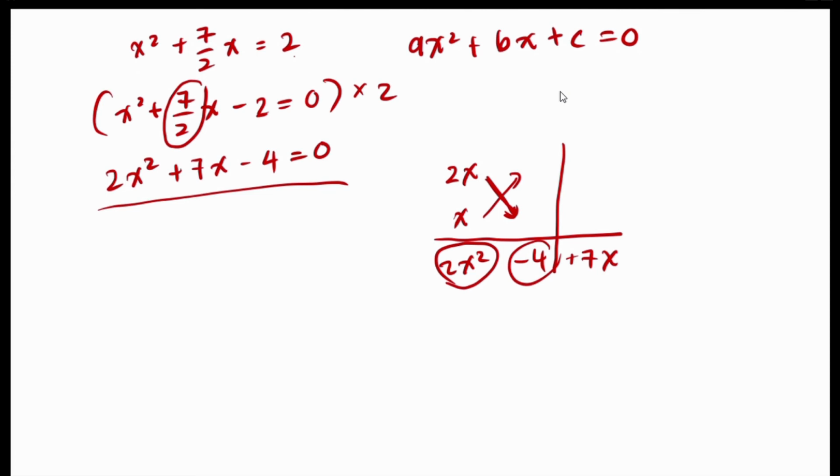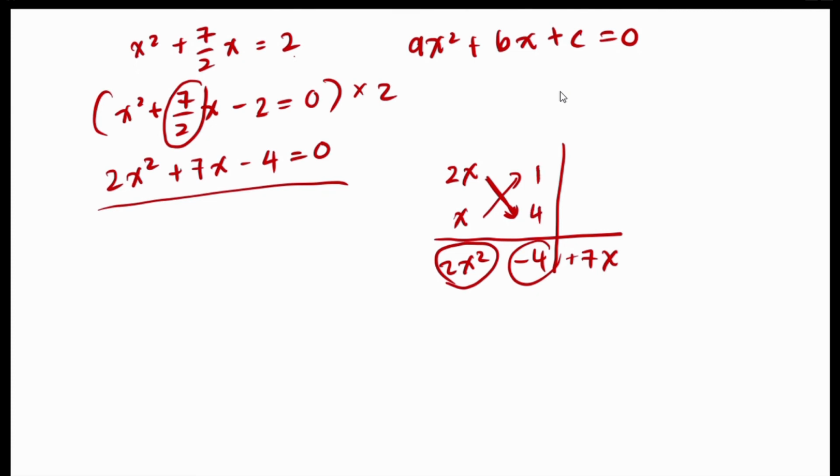Right. So the possibility is 1 and 4. So 4 here, 1 here.